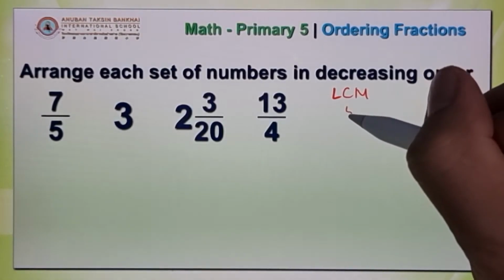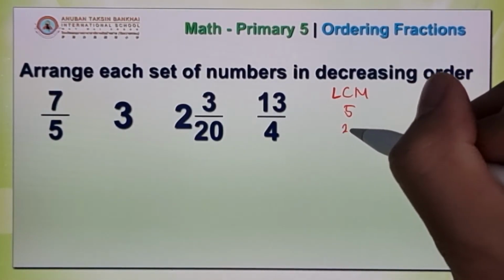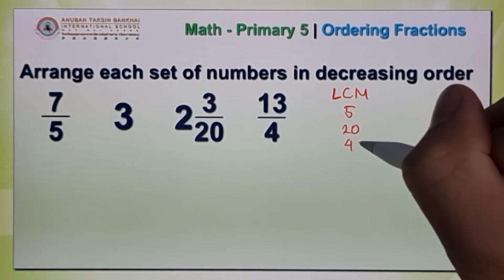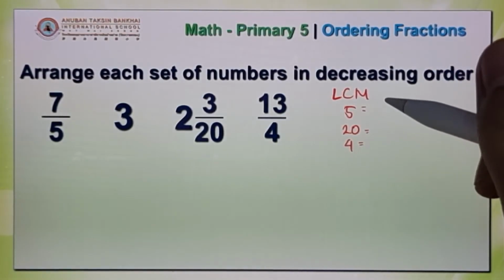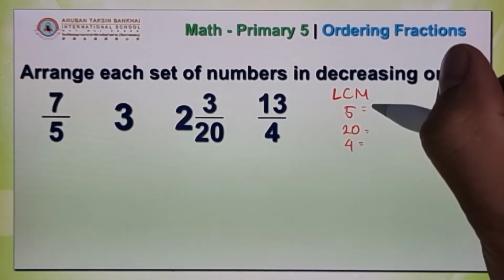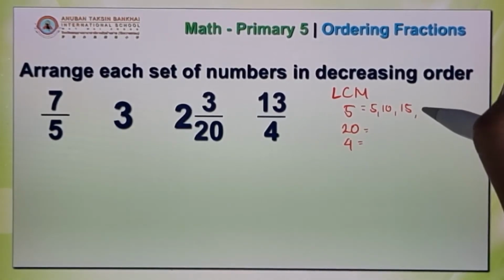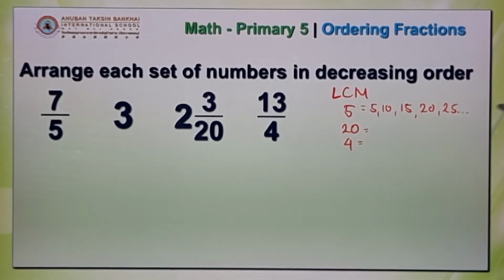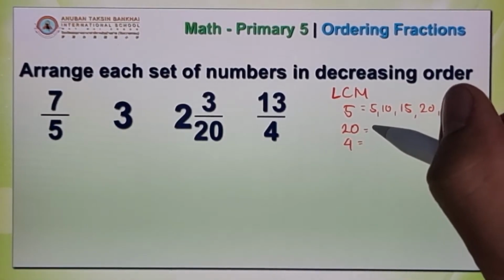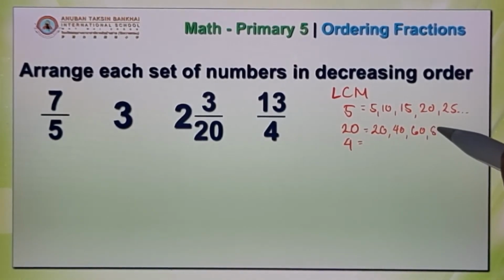So we have 5. This is a whole number, so we don't have a denominator. So we have 20 and we have 4. Let's write first the first 5 multiples of these numbers. So we have 5, 10, 15, 20, and 25. Next, this one we have 20, 40, 60, 80, and 100.